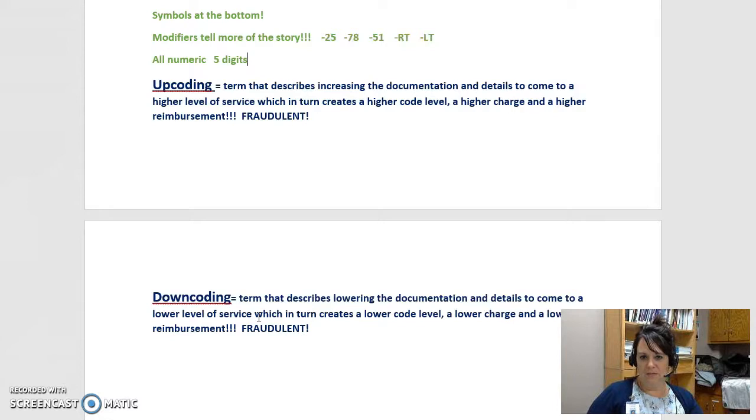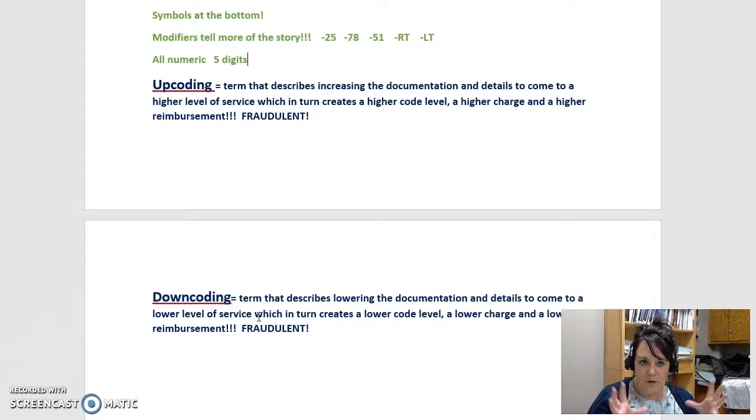Upcoding is a term that describes increasing your documentation, increasing those details to come to a higher level of service, which in turn creates that higher code level, a higher charge that we can bill, and a higher reimbursement that we can take in. This is fraudulent to do, okay?